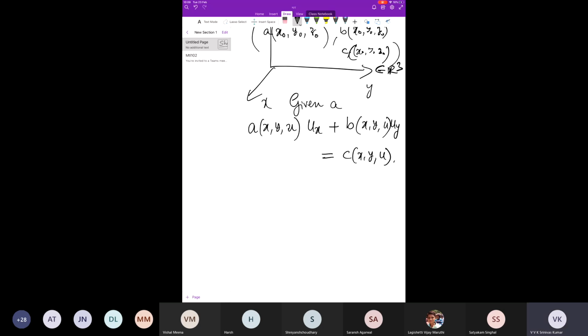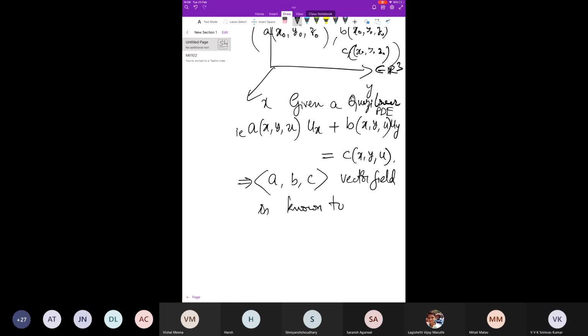Given a quasi-linear PDE implies that the vector field (A, B, C) is known to us. The starting point is that we will be given a quasi-linear PDE to solve. That means this vector field is known to us. Whenever a PDE is known to us, A, B, C are known.